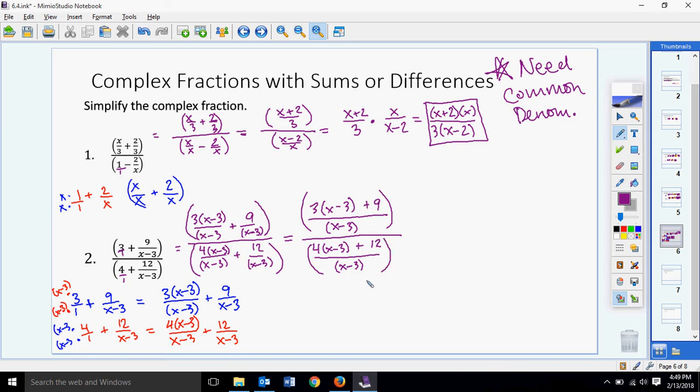I still haven't done keep, change, flip yet, so I need to do that now. All I've done was find a common denominator and add my fractions. So let's keep the numerator, change division to multiplication and flip my denominator.